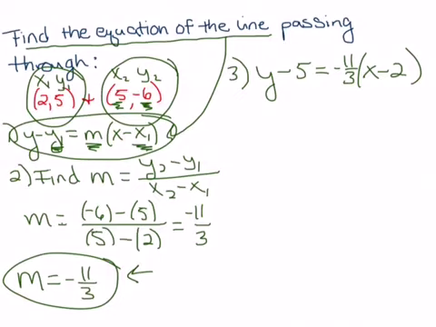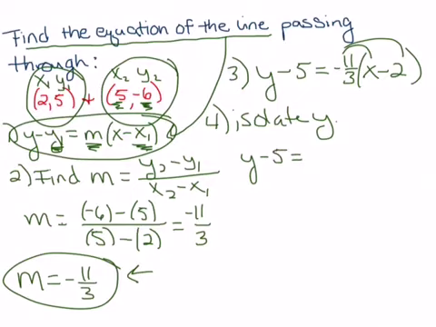The last thing you're going to do in either case is isolate y. So we'll take the negative 11 thirds and distribute it through the parentheses. So we have y minus 5 equals negative 11 thirds times x is negative 11 thirds x. When I multiply the negative 11 thirds by the negative 2, I kind of prefer to see it as negative 2 over 1. So negative 11 over 3 times negative 2 over 1 is positive 22 over 3.